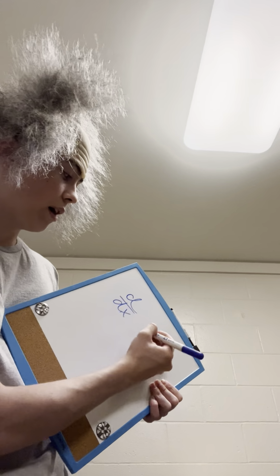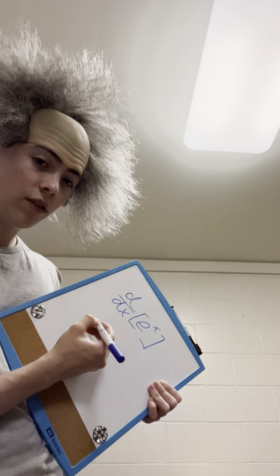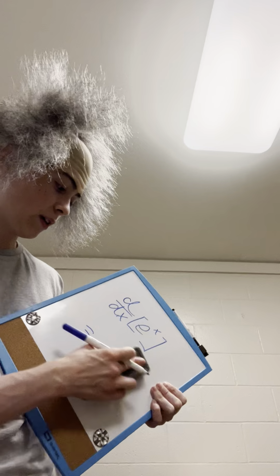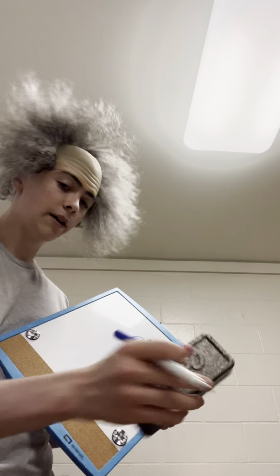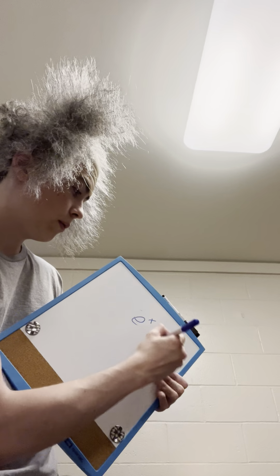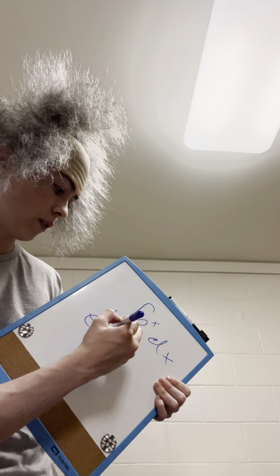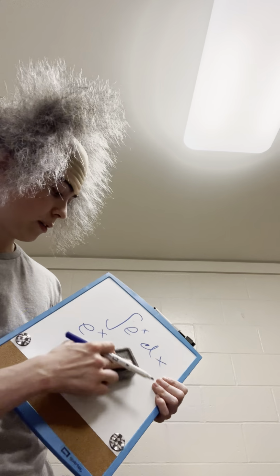given that d dx of the exponential function e to the x is just equal to e to the x, right? And the integral of e to the x dx is just e to the x, and then plus c, of course, right? Because we never forget that constant of integration.